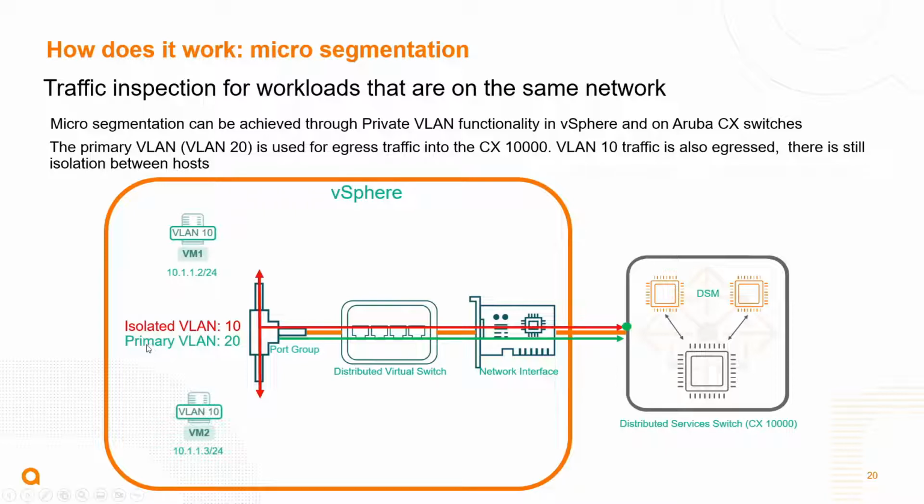With private VLANs, you attach the isolated VLAN to the primary VLAN. So all the communication that comes from the isolated VLAN is transferred to the primary VLAN. That traffic is then sent out onto the primary VLAN, onto the switch, onto the 10K switch in this scenario.